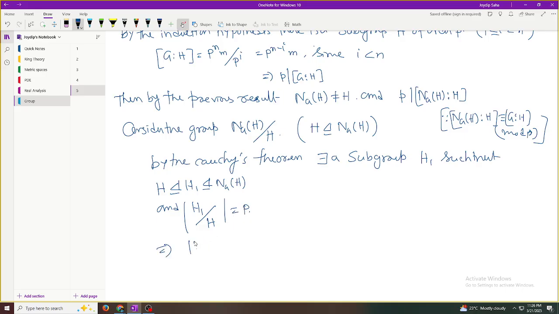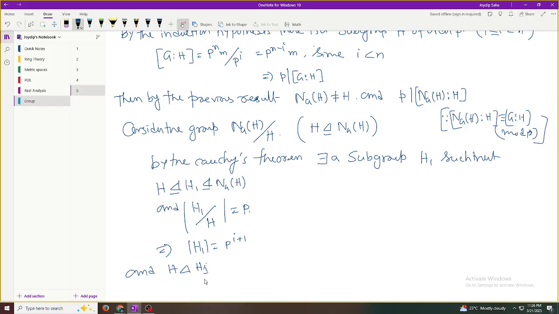This implies the cardinality of H1 is p to the power i plus 1, and H is normal in H1.